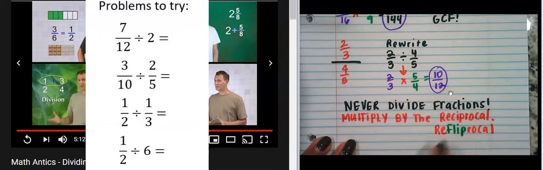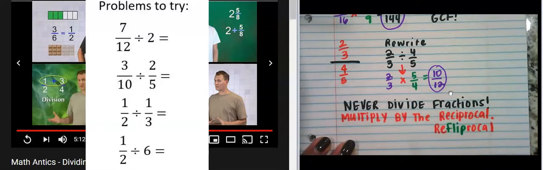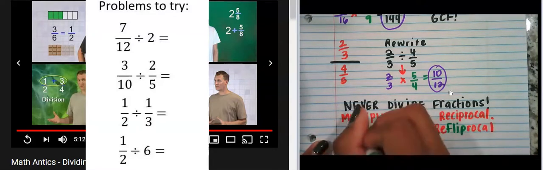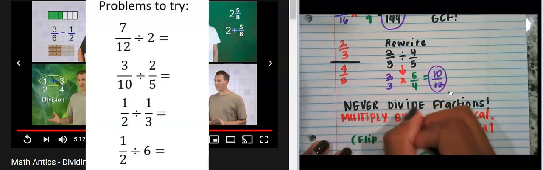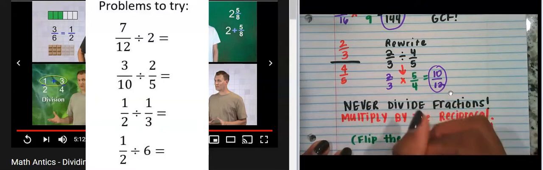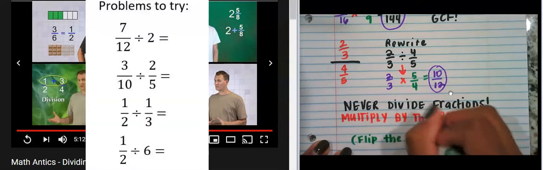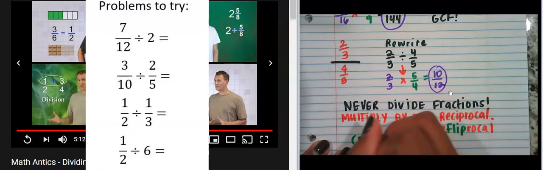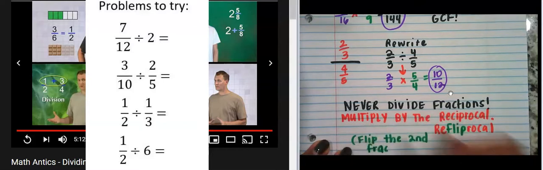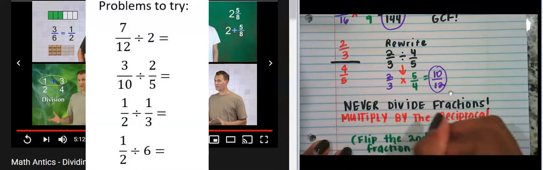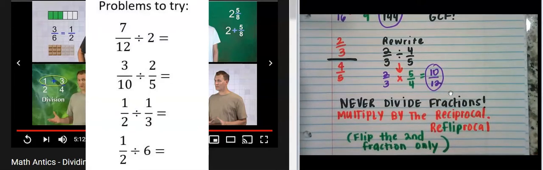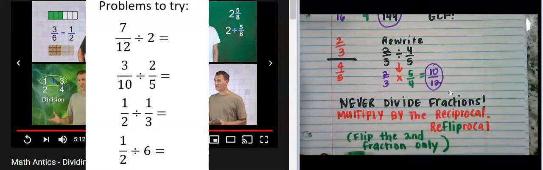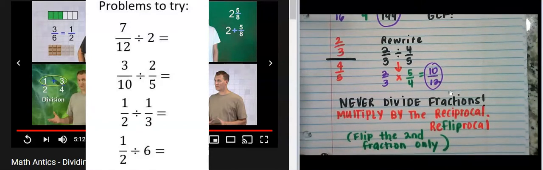Now remember, we are always going to only flip the first or second. It would have to be flip the second fraction only. And this is all you need to know when dividing fractions. Multiply by the reciprocal and only flip the second fraction.